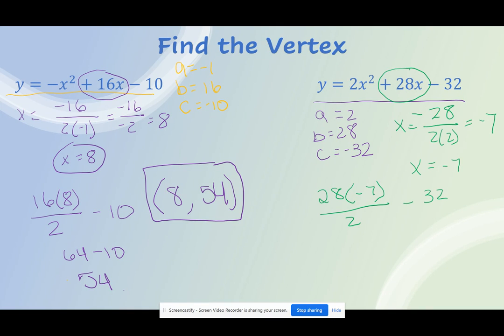So this becomes 14 times negative 7, negative 98, minus 32, which is negative 130. So our vertex is (negative 7, negative 130). These are huge numbers, but you wouldn't have to actually graph with numbers this big.